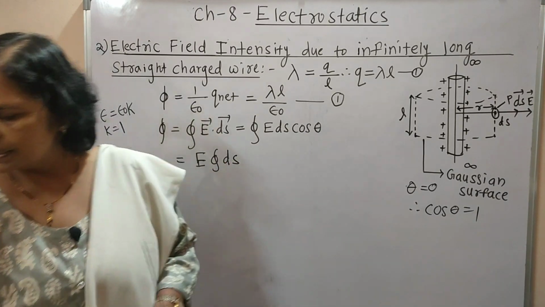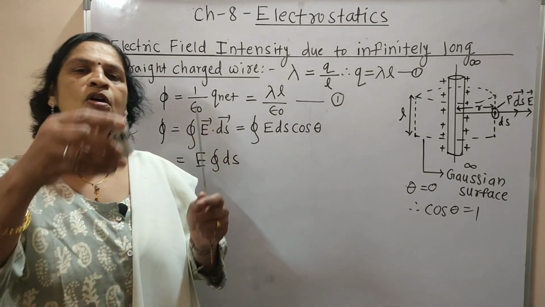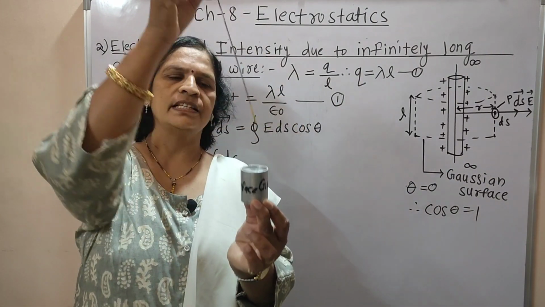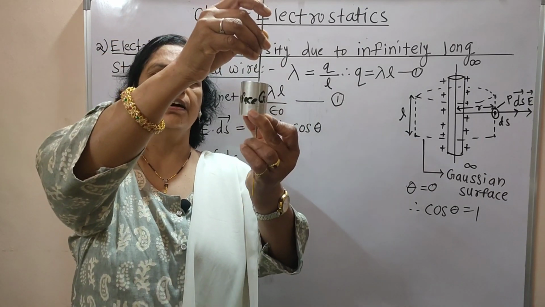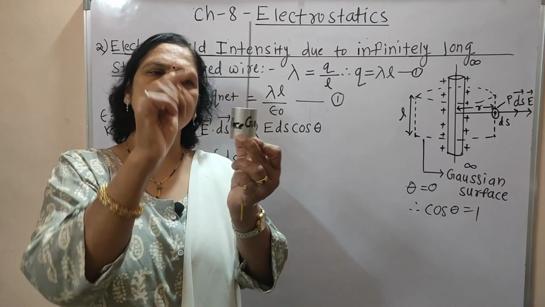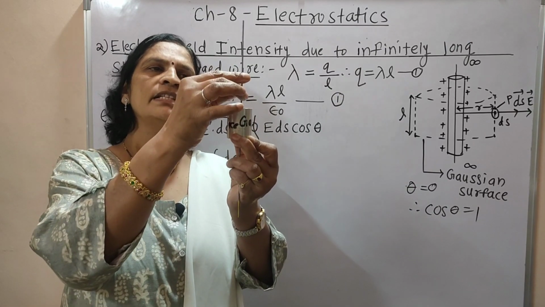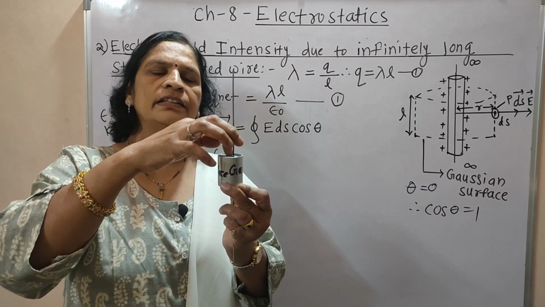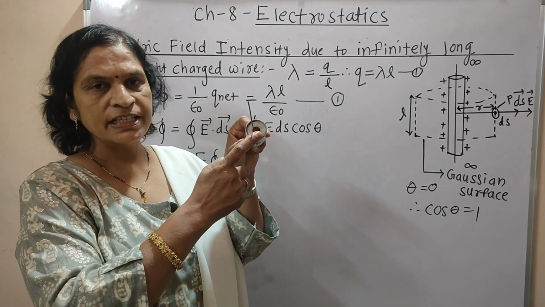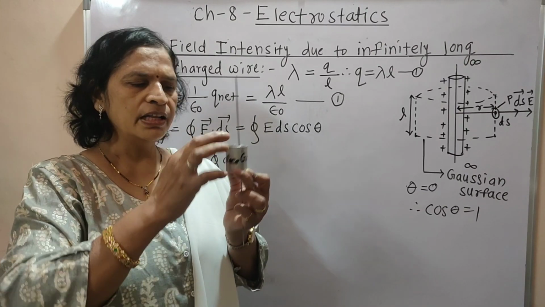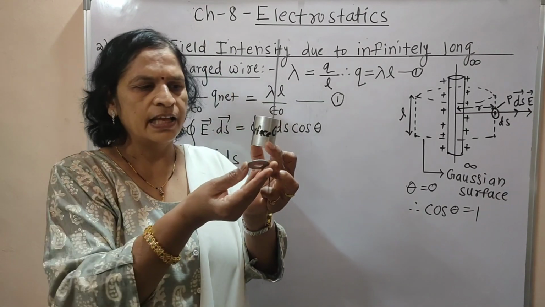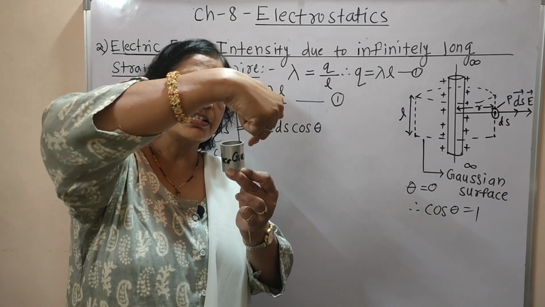For that purpose, consider this Gaussian surface. The wire is here, and the Gaussian surface is a coaxial cylinder with the wire, and there are three surfaces. See, this is one surface, then another surface, and this third surface.